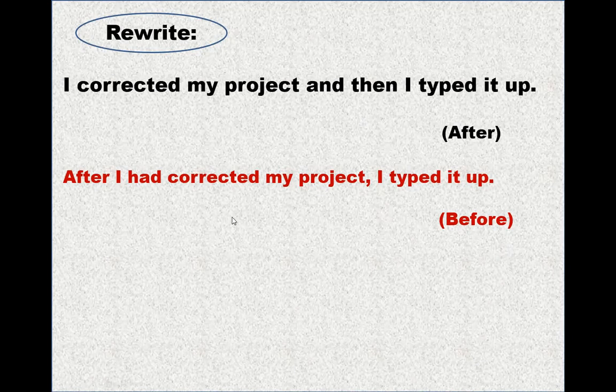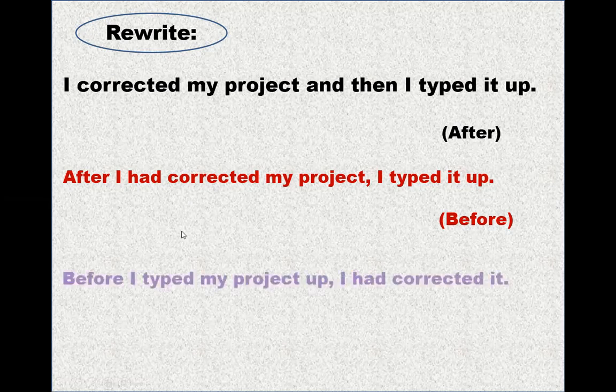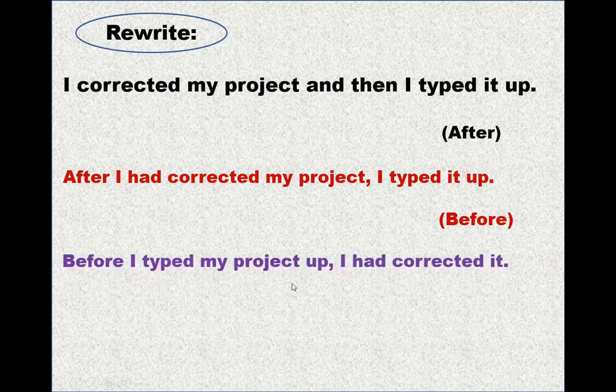Okay, can you repeat again? I didn't hear you. Before I type my project, I correct it, I had corrected it. Excellent. Before I typed my project up, I had corrected it.